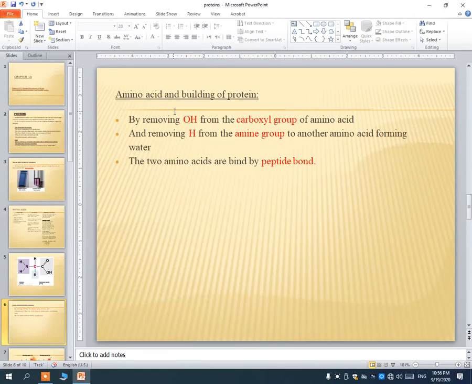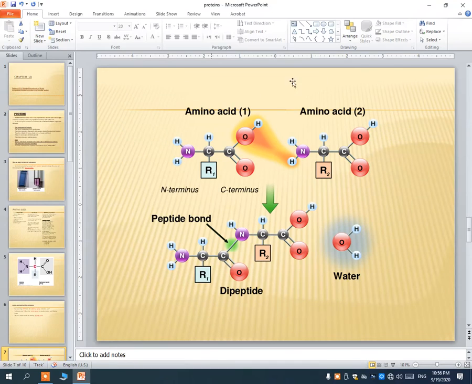Again, how can amino acids build protein? First, removing the OH or hydroxyl group from the carboxyl group of one amino acid, and then removing a hydrogen atom from the amine group of another amino acid, and then the peptide bond is formed between the two amino acids. Here we have amino acid 1 and amino acid 2.